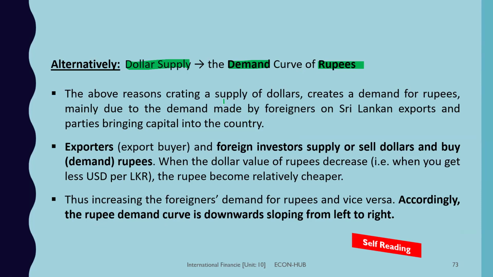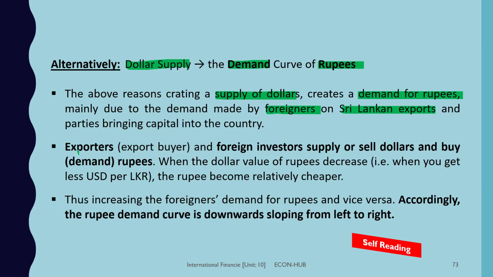Remember, those reasons create a supply of dollars: exports, tourist inflows, remittances, all that. Supply of dollars and the demand for rupees. When you supply dollars, you demand rupees because dollars are converted to rupees. This is mainly due to the demand made by foreigners for Sri Lankan exports and capital into the country.